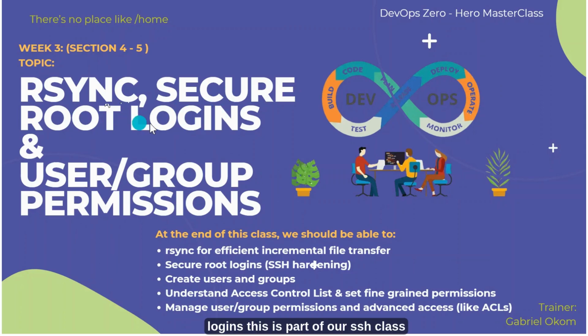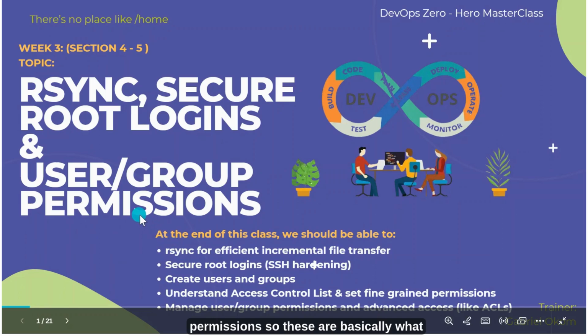This is part of our SSH class, for us to learn how to secure a root login and then move further to learn about user and group permissions. So these are basically what we expect that everybody should be able to learn before the end of the class.